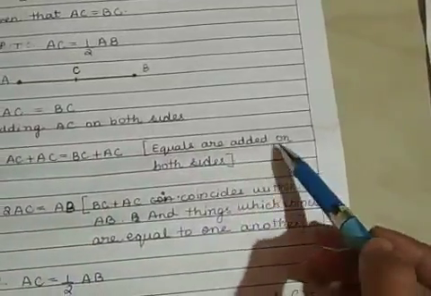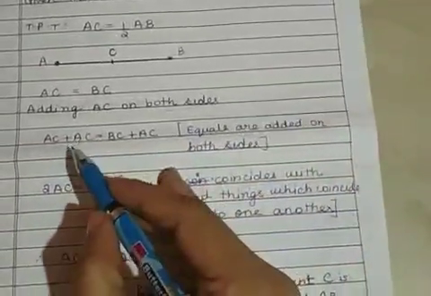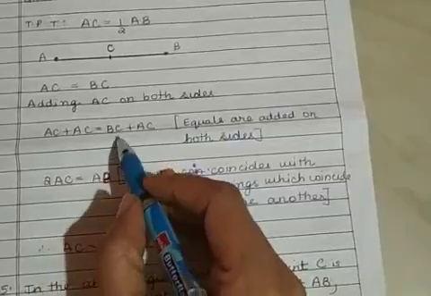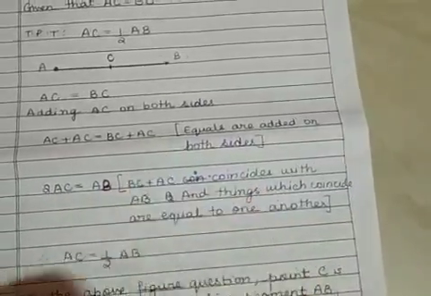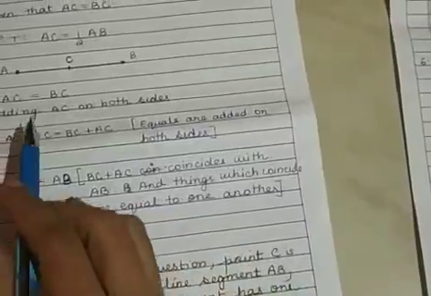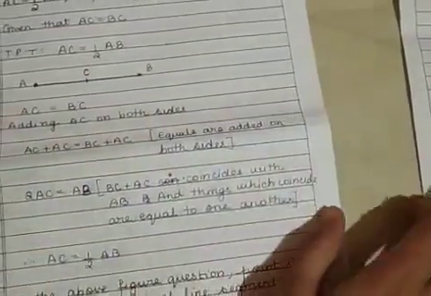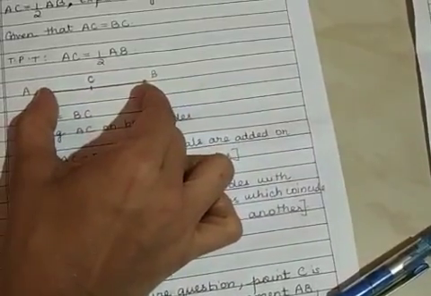Equals are added to equals, the same thing is added on both the sides. So on the left hand side I have 2AC, which is equal to BC plus AC on the right hand side. Now what is BC plus AC? If you look at the figure, when I take BC and AC, it is the same as AB, correct?